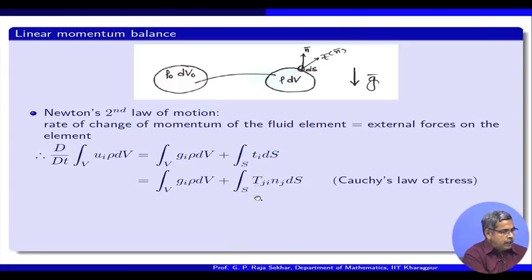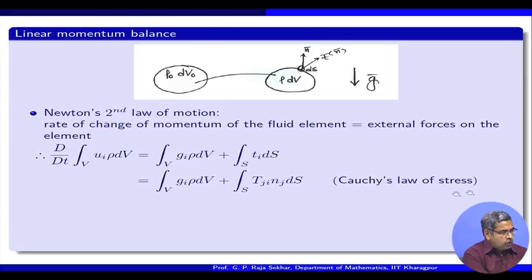So, we are using that. T_i is T_ji. I have already introduced small T_ij and capital T_ij. Generally we misuse this, time and again, people use it. You can consider both are the same.